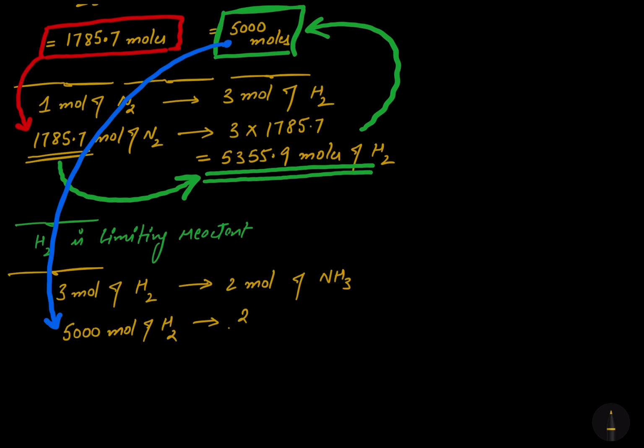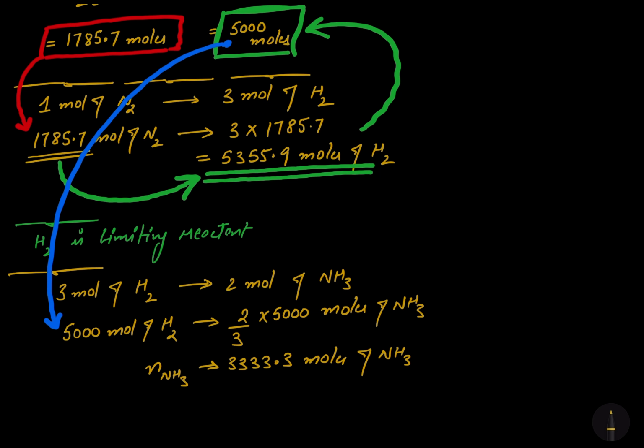That will be 2 divided by 3 into 5000 moles of NH3, and it comes out to be 3333.3 moles of NH3. That's the number of moles of NH3 that will be produced in this reaction.